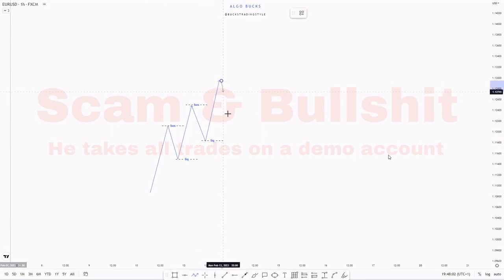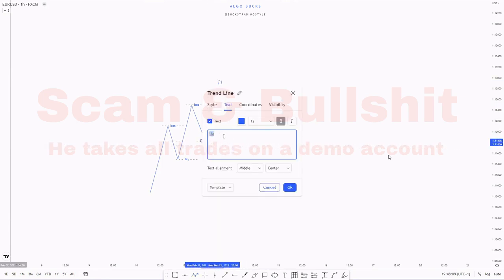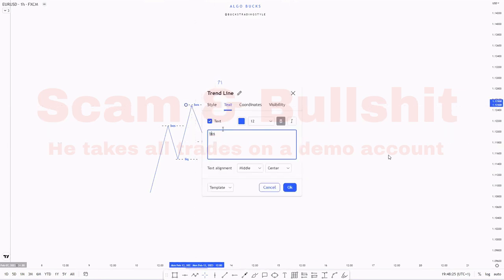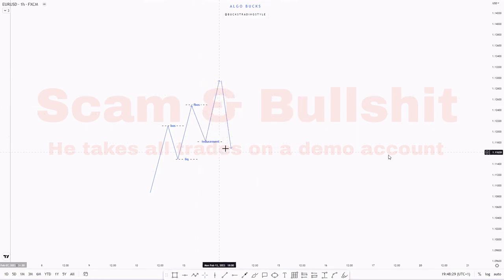So when price comes down to take out this low right here, this now becomes our liquidity being taken. For short, we can call it inducement, also IDM. So after price takes out this inducement, this high right here becomes the fake break of structure. And after price induces this low, anything can happen.